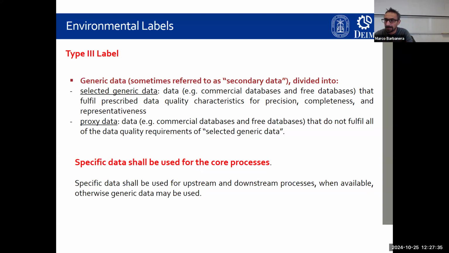Proxy data are typically data from reports, scientific papers, so are data that don't fulfill all of the data quality requirements. So if we have the possibility, it's better to use selected generic data.